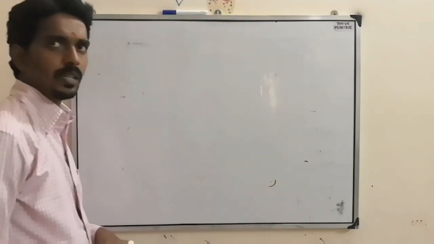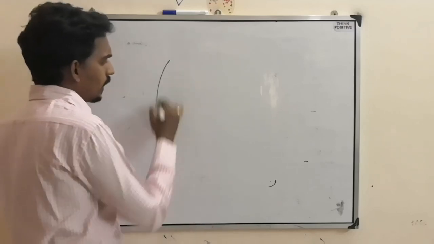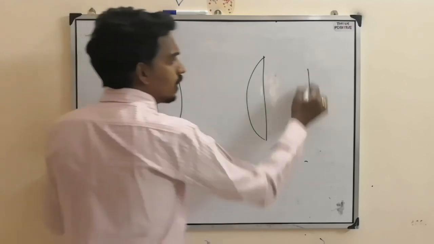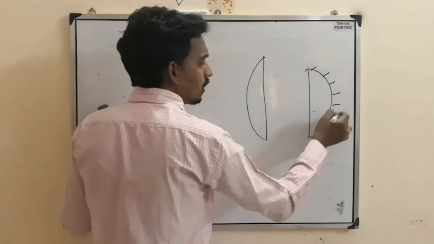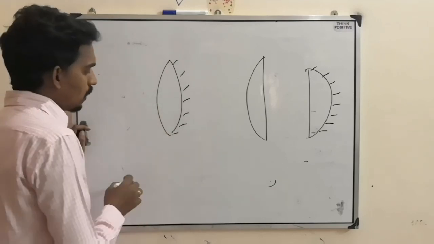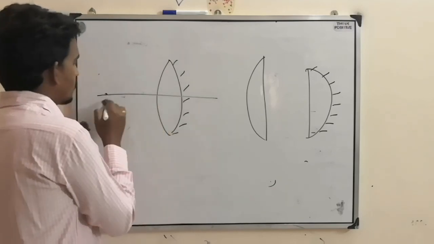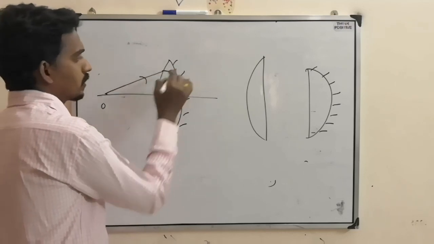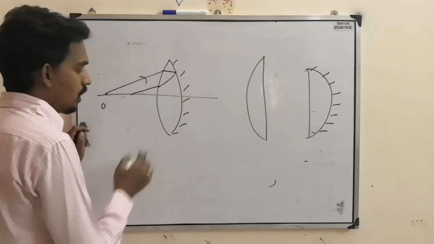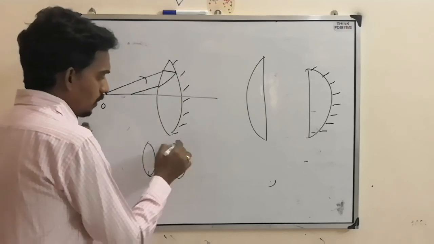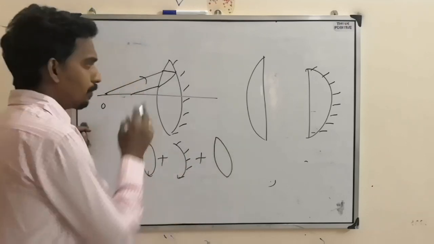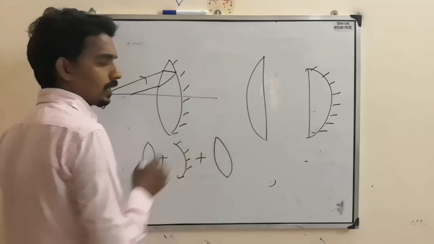Or the other question they can ask here is, they take a concave lens or a plano-convex lens, anything, and they silver one side. So when they silver one side, suppose an object is there, first refraction takes place, then reflection takes place, then again refraction takes place. So first a lens, then a mirror, then a lens: refraction, reflection, refraction.